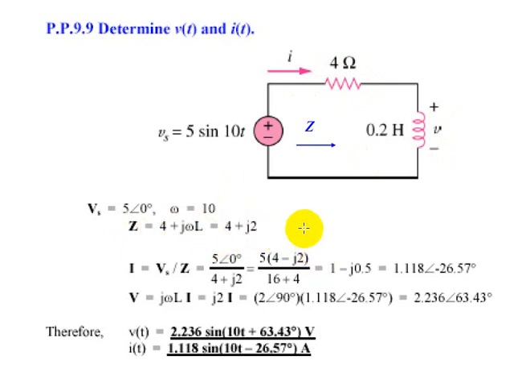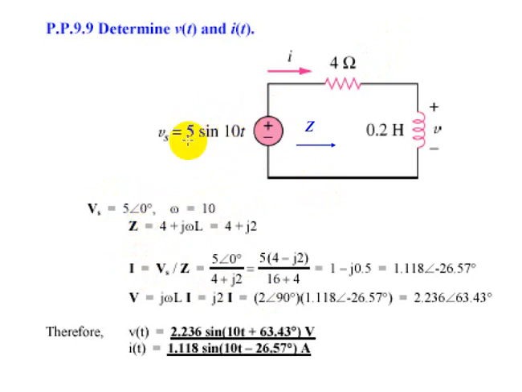With this we can determine what we need, Vt and It. We can determine the I phasor first. I is V by Z. V is 5 angle 0.